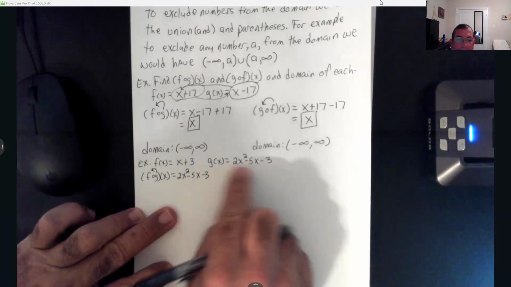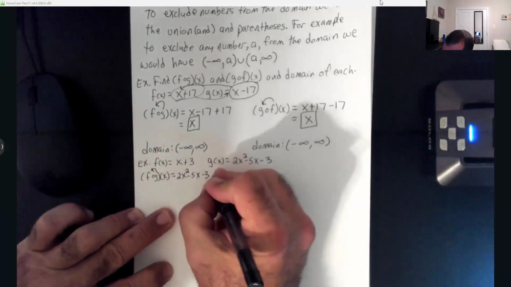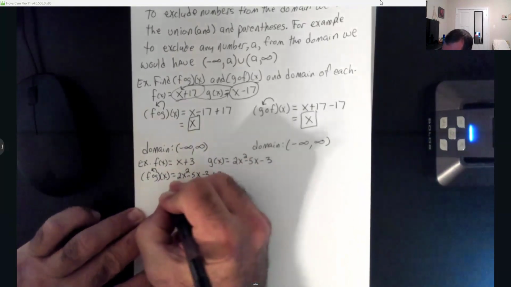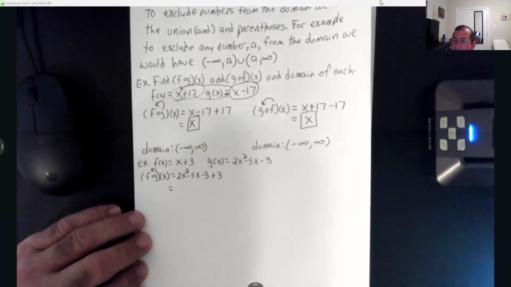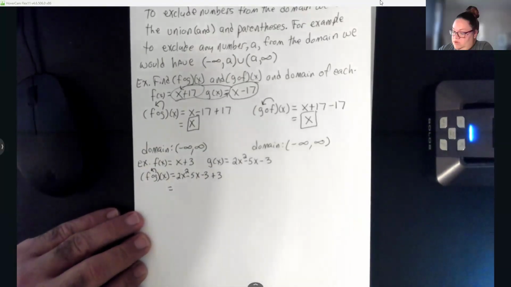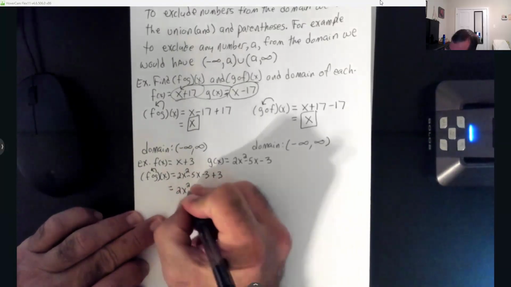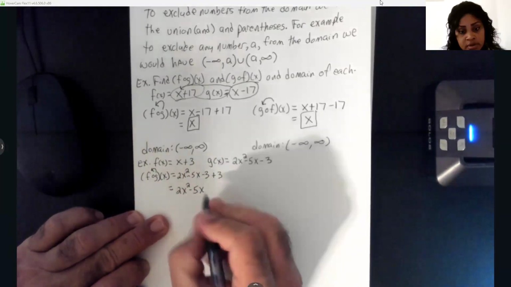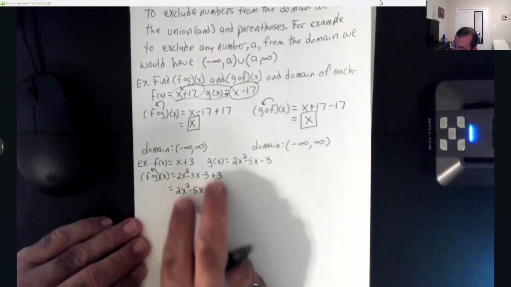That's putting my g of x in for the x, but y'all still got a plus 3. Well, that looks like it's simplified down a little bit. So it would just be 2x squared minus 5x. Yep, because them threes sort of canceled out there, right? All right, so that was done.